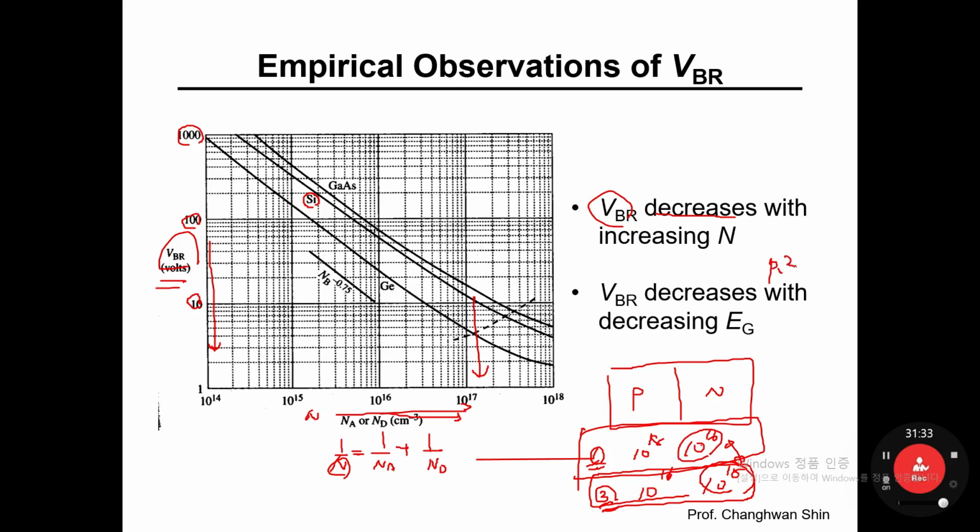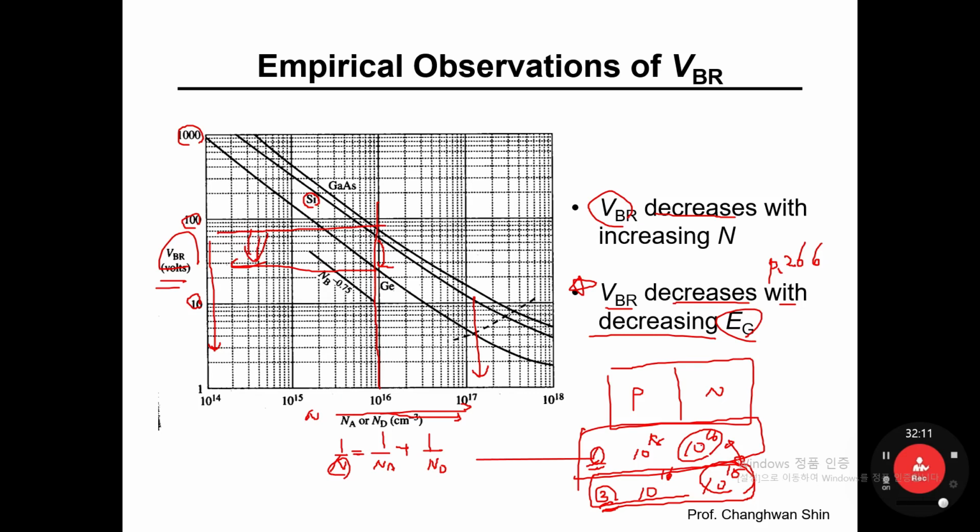If you go to page 266, you may intuitively understand why the magnitude of breakdown voltage becomes lower with increasing lightly doped side carrier concentration. So please do that. And in the second bullet, you may see that the breakdown voltage decreases with decreasing band gap energy. So for a given doping concentration, if your band gap energy is lowered, then breakdown voltage is also lowered.